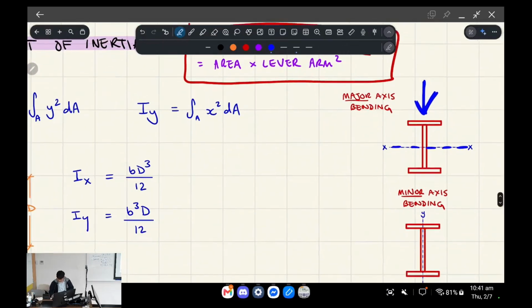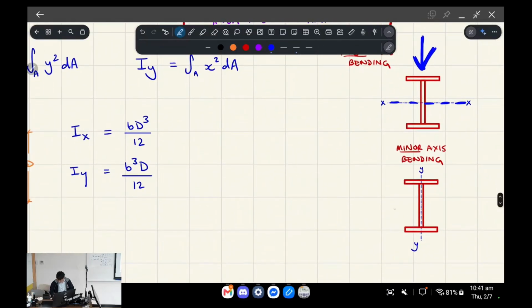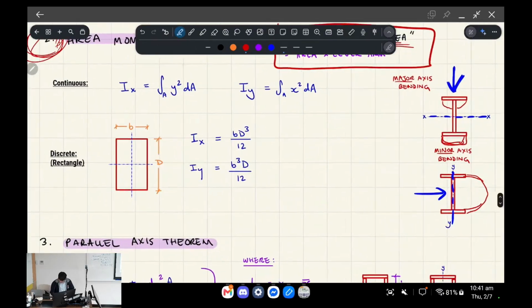Whereas minor axis bending would be caused by, let's say, a force applied to the right. It's going to cause it to bend perpendicular to that axis. So physically you would see this beam bow out like that, and for the other one you would see it curve down like that, if I was to look along this. Anyway, you kind of get it.